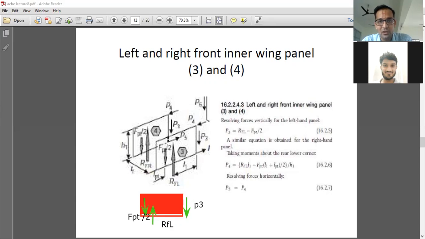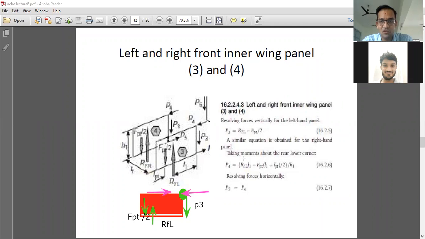P4 is the load which is acting at the uppermost corner in our component. So where is that particular uppermost corner? This is the uppermost corner where the load is going to act. And what is the load criteria? I'll say the load P4 is acting like this, and to have its reaction, P5 is working like this.